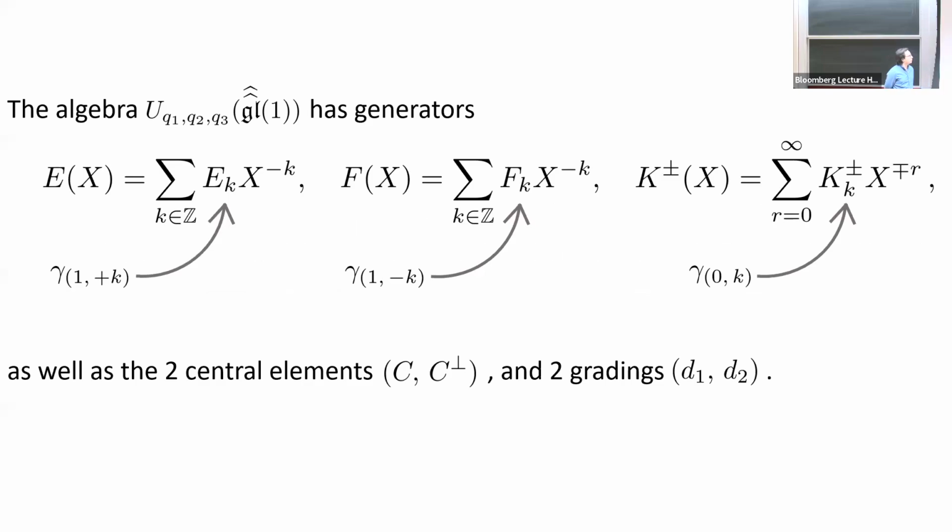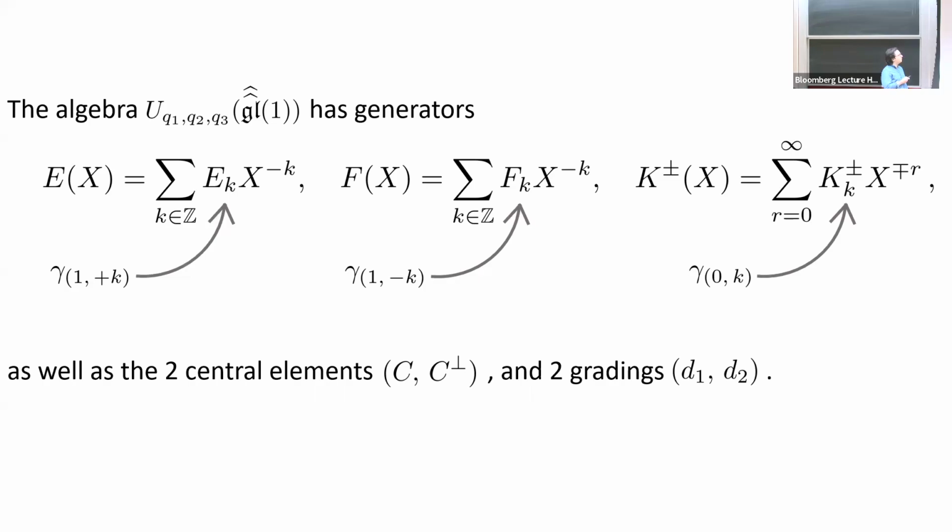So what is the algebra? It's an algebra with generators that, if you have played around with such algebras in your life, are a bunch of currents, which I'll write. You can think of these as raising currents, lowering currents, and the Cartan part of the algebra. So the generators are these, as well as two central charges and two gradings.